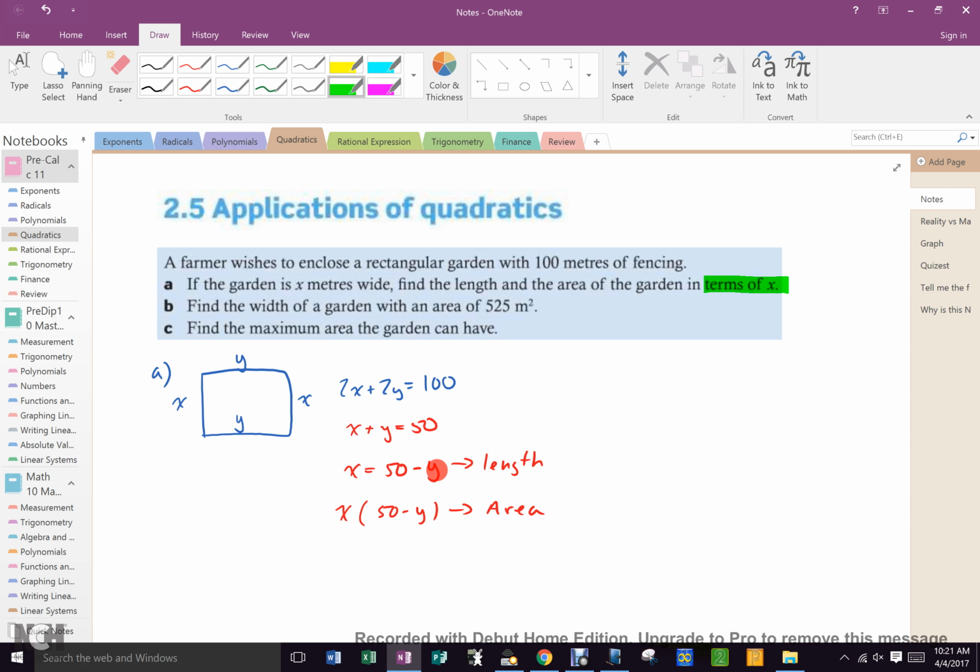So what do I need to do to fix this up? Where can I get rid of a y? Can I get rid of a y in any of these? Not easily. You don't have y, you can't really divide that. What can I do right here?